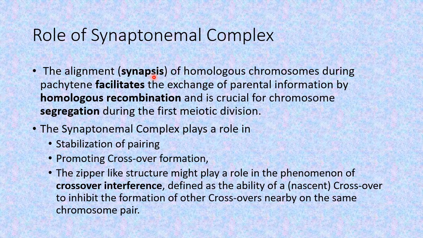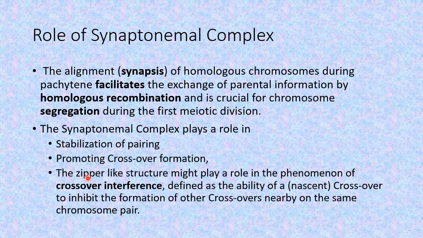And this entire process is facilitated by a proteinaceous complex, the synaptonemal complex. In this way, this synaptonemal complex stabilizes the pairing of the homologous chromosomes at the time of prophase 1. After that, it promotes the formation of crossovers. It helps in the formation of the recombination nodules.